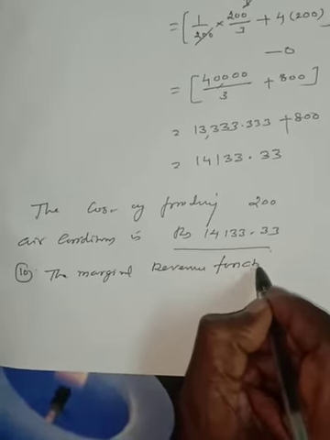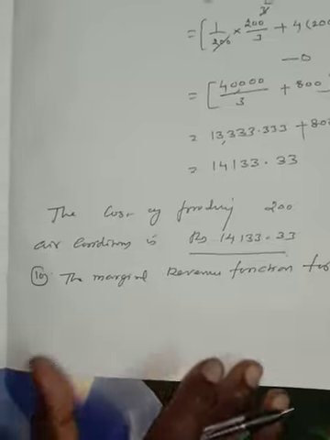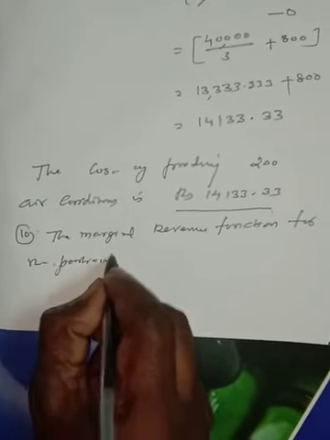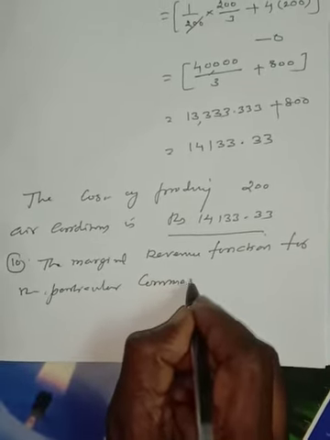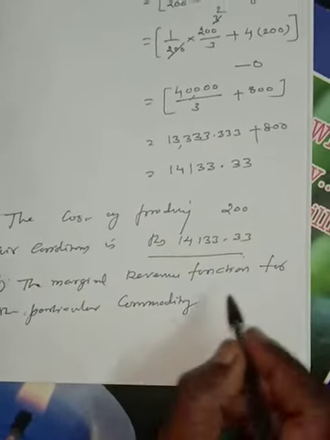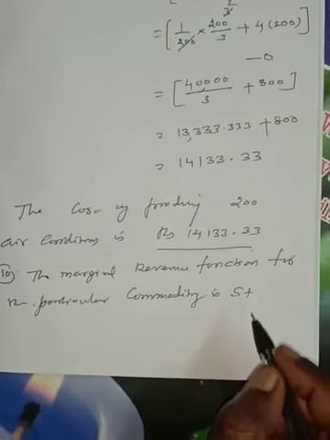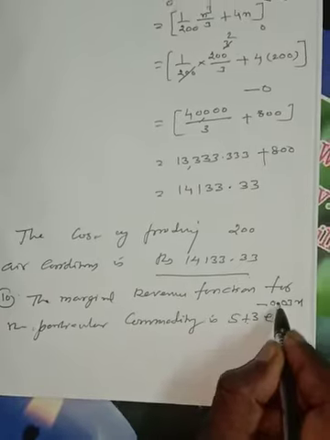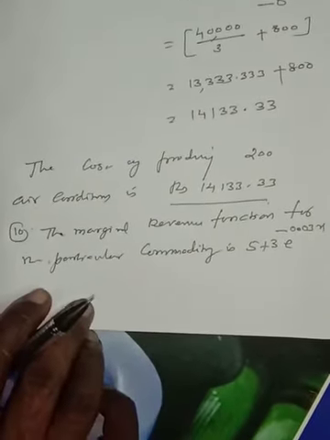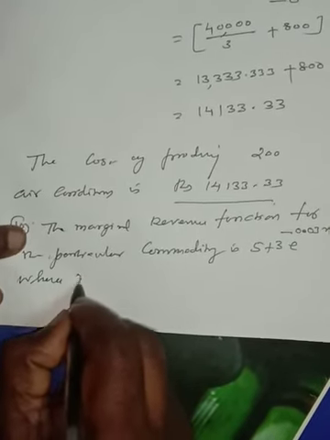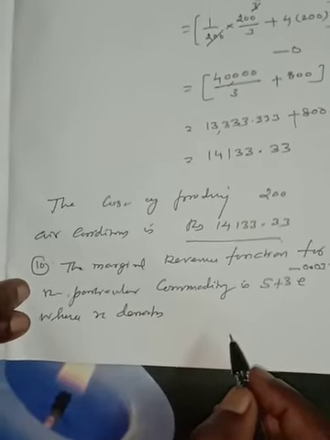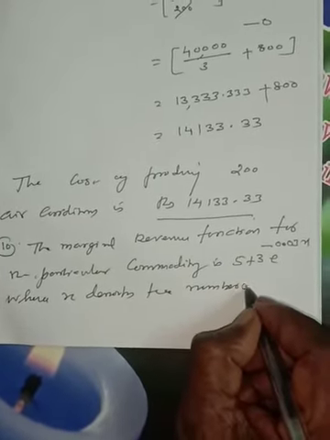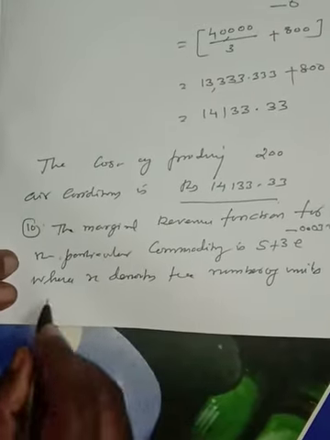Revenue function for a particular commodity is 5 plus 3 into e to the power of minus 0.03x, where x denotes the number of units sold.